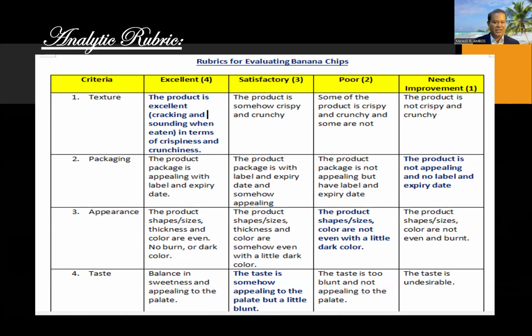The product shape, sizes, techniques, rather, the thickness and the color are even, no burn or dark color, and of course for the taste, there is balance in sweetness and appealing to the palate. The same with satisfactory, which is 3, poor is 2, and of course needs improvement is 1.